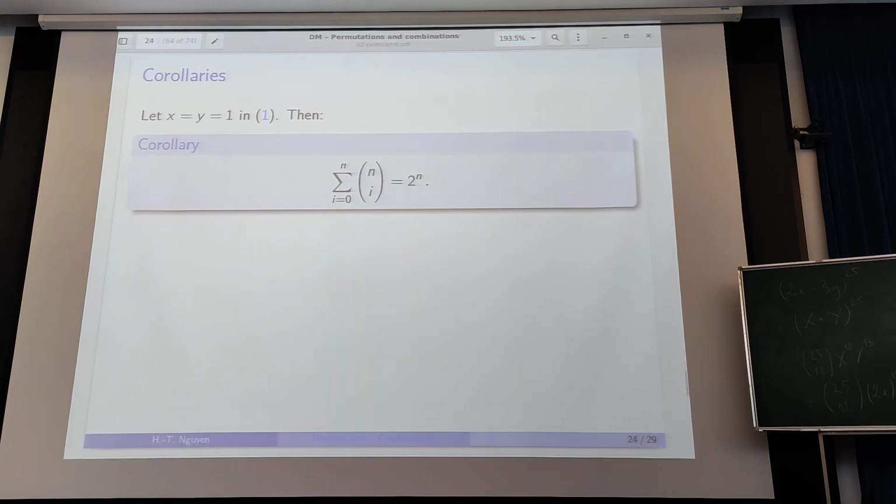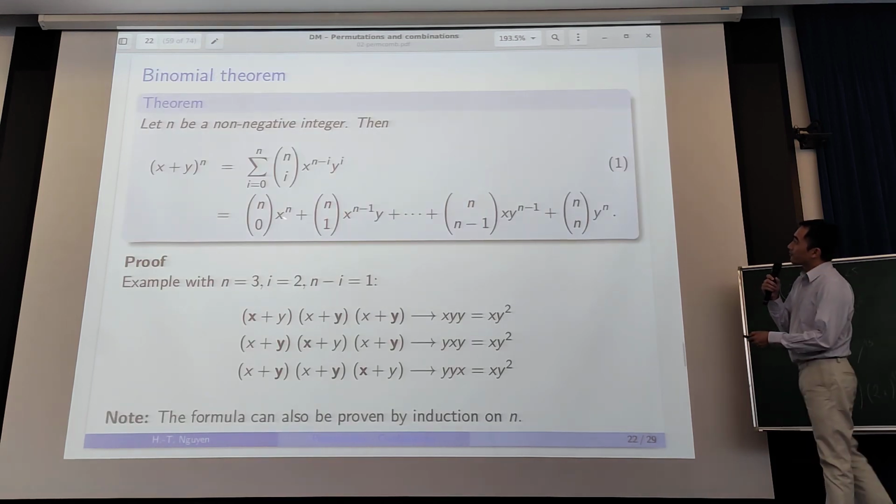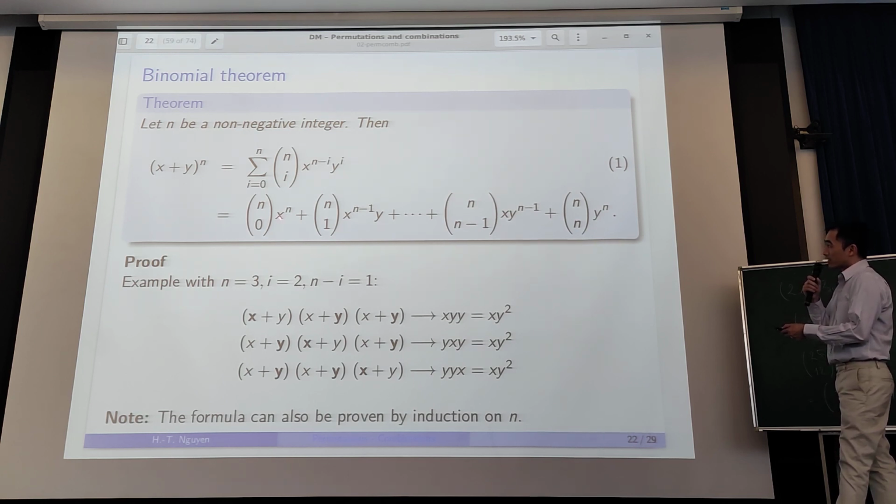So the first thing is that if we let x and y be both equal to 1, then what do we get here? On the left hand side we will get 2 to the power n. Okay? And since x and y are 1s, every monomial here is equal to 1.